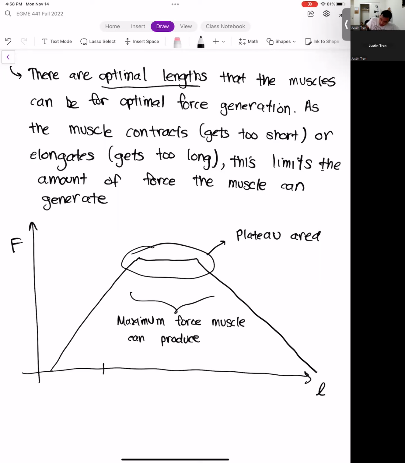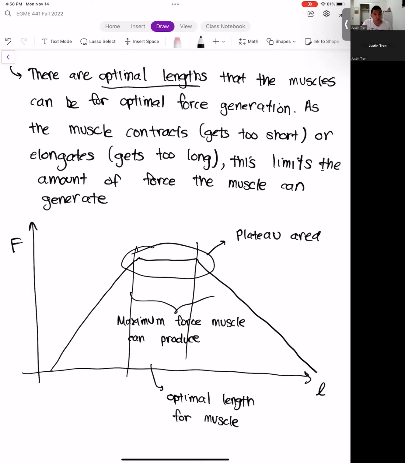And so this region here, under which the muscle can produce the maximum amount of force, we call the optimal length. And that concept is really important to know.